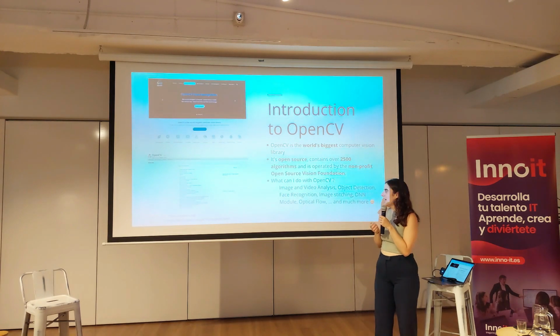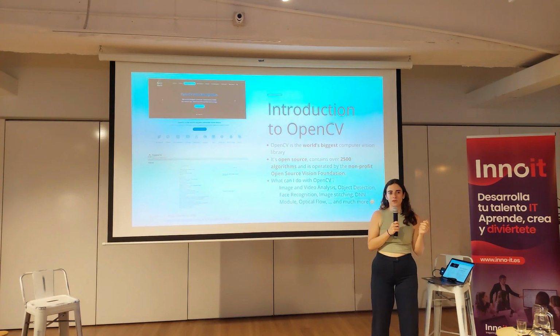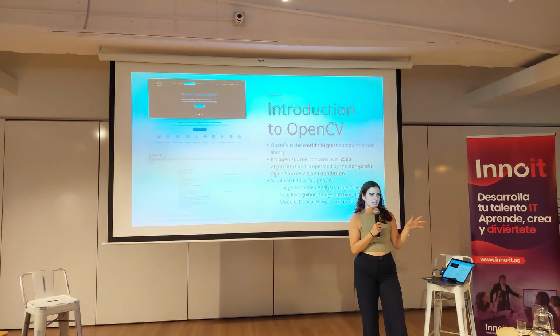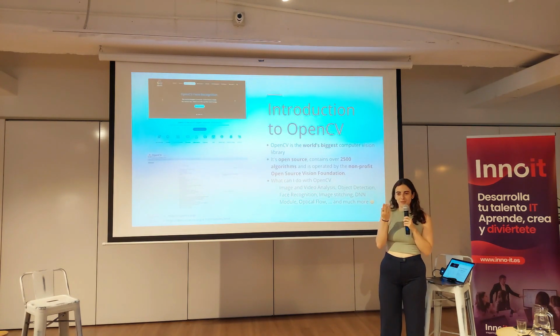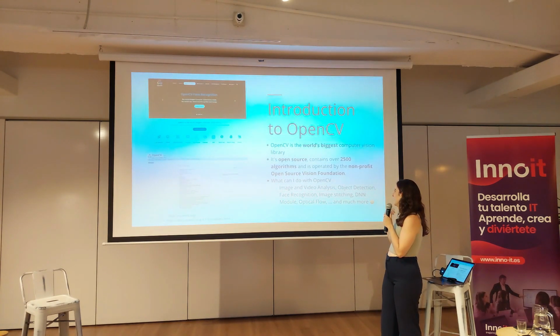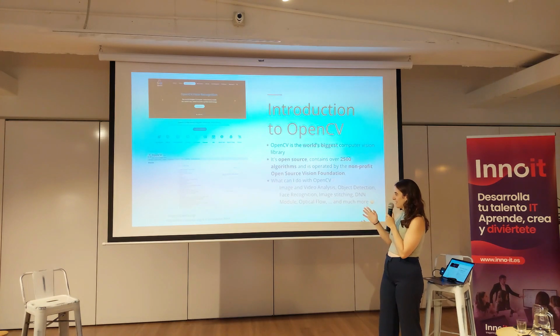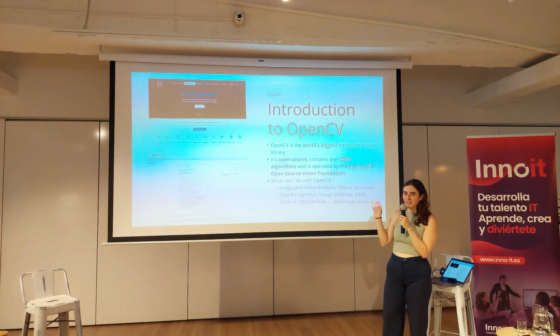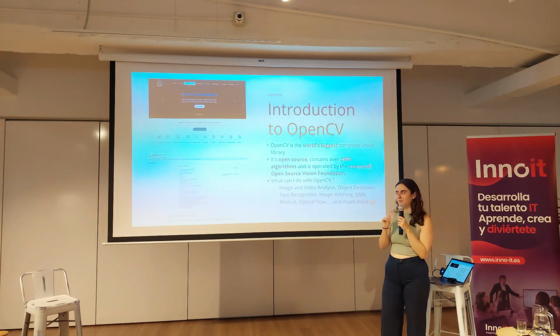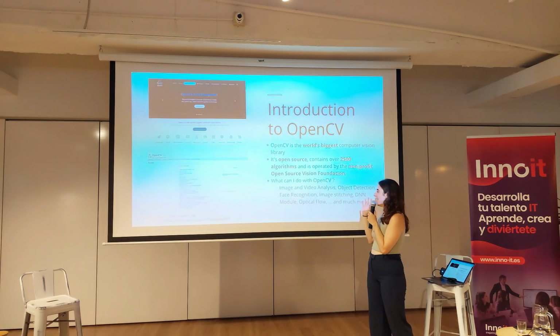I think it started only with video and image analytics, but nowadays you can do everything that is related to computer vision. For instance, you can do video and image analysis, object detection, face recognition, image stitching, you can use deep neural networks and develop your own, you can calculate optical flows in videos, and much more.